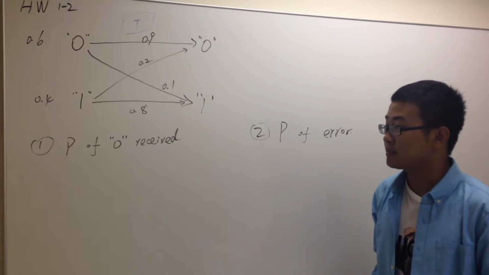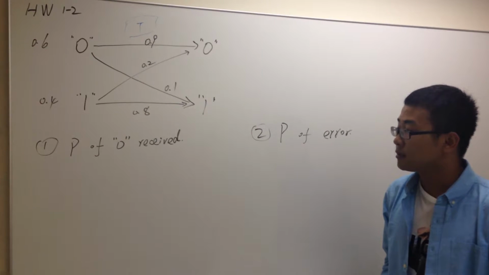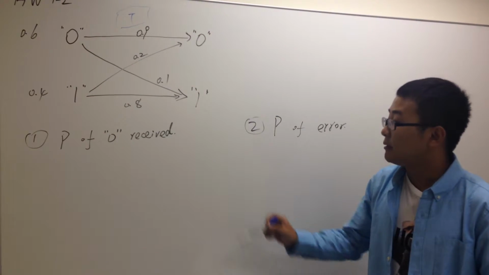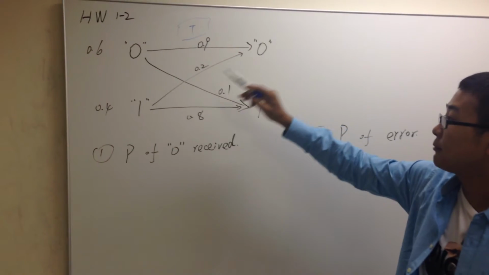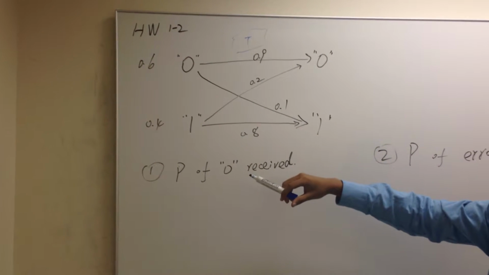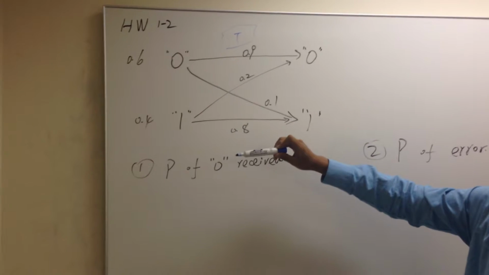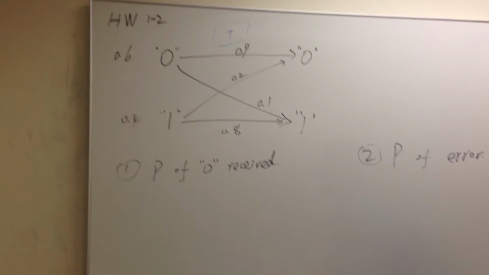So the first question is that we want to know the probability of receiving a 0. There are two conditions. One is that we have input 0 and output 0. The other is that we have input 1 and output 0.